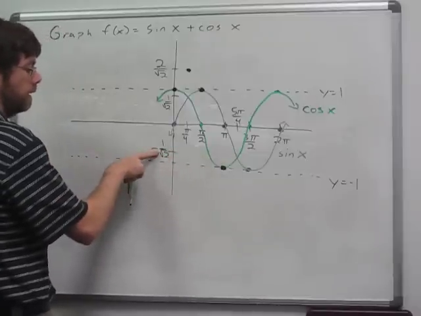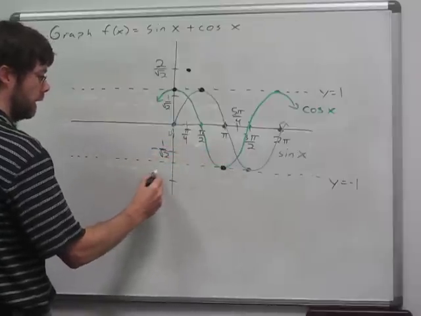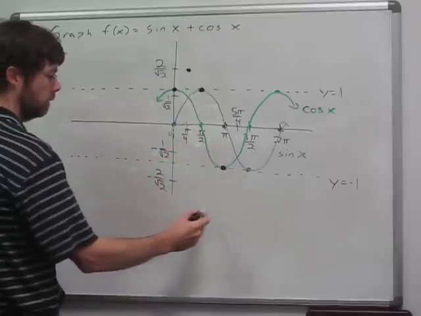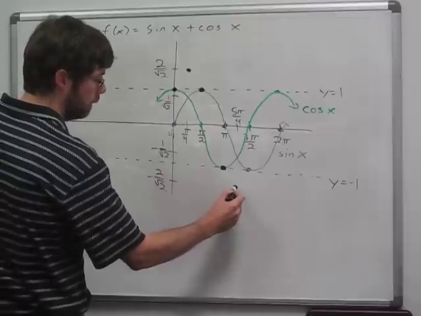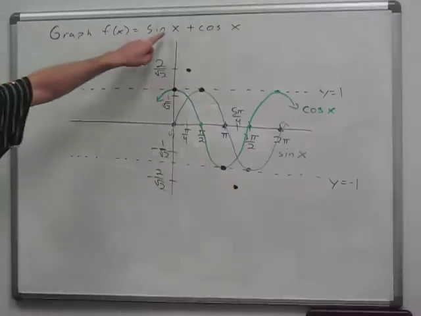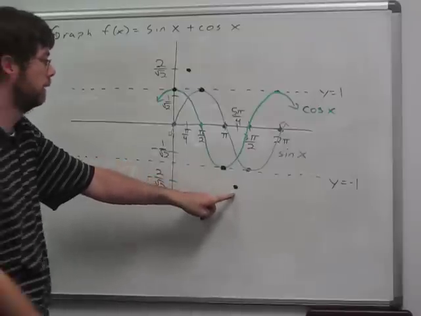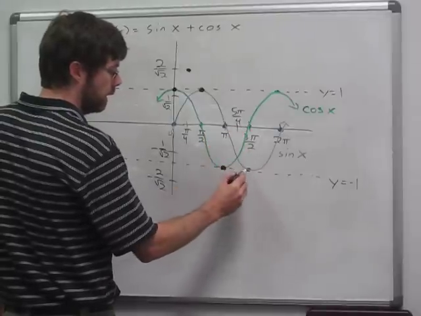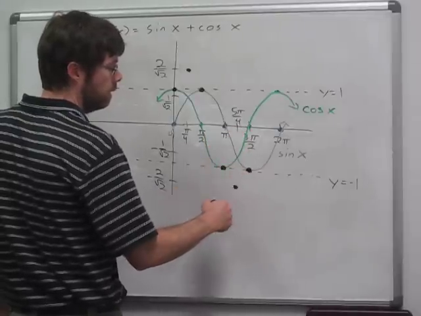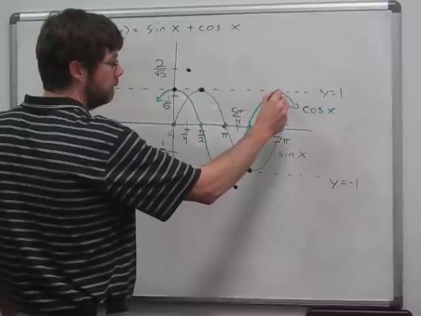So when you add negative 1 over radical 2 to negative 1 over radical 2, we get negative 2 over radical 2. So our graph of the addition of the sine and the cosine goes down to negative 2 over radical 2. Then 0 plus negative 1. And then 0 plus positive 1.